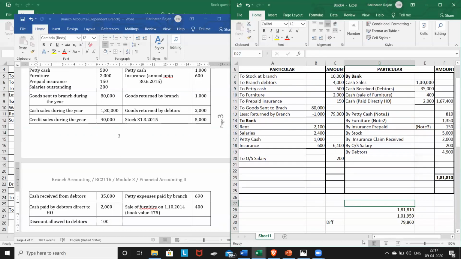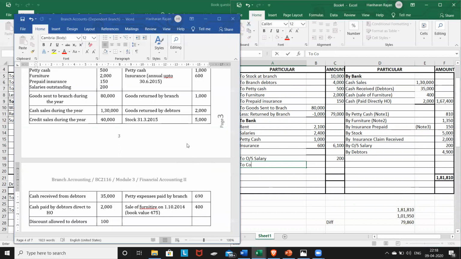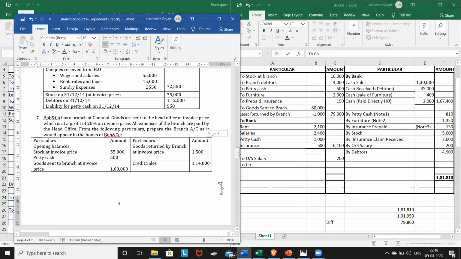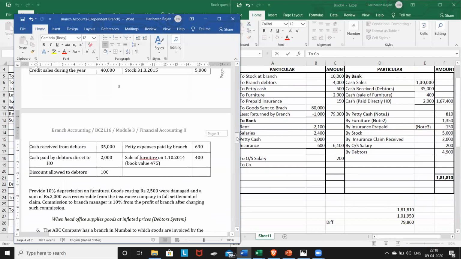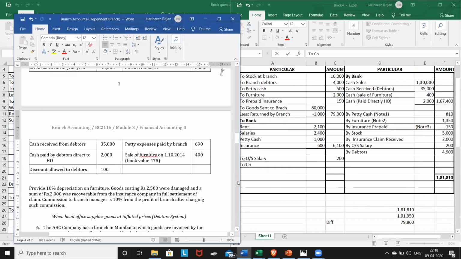Because the commission has to be paid to the manager. So the commission I have to pay out of the profit. Is it correct? Yes or no? That's what the adjustment says. The last line, if you remember, commission to the manager.